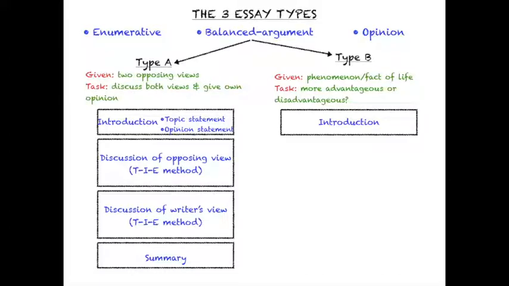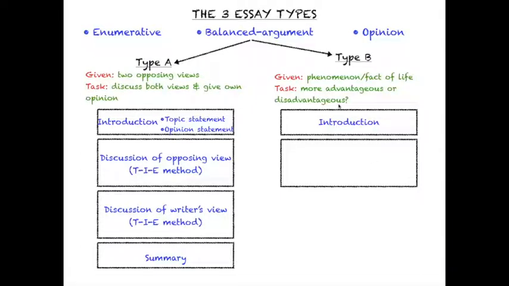Now, once you're done with that, you move on to paragraph 2, where you now discuss the more important bits of the essay. Now, just like in the previous example, what they emphasize here is that paragraph 2 is a discussion of the view that they don't believe in.